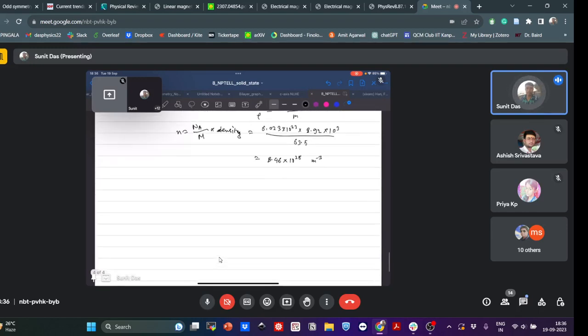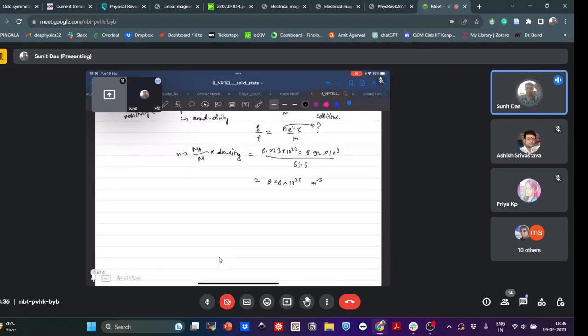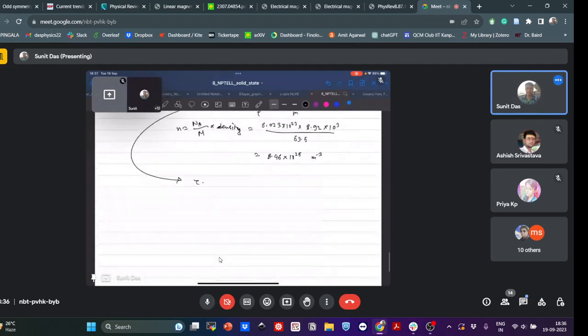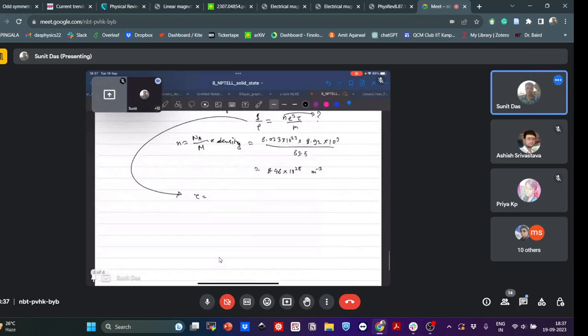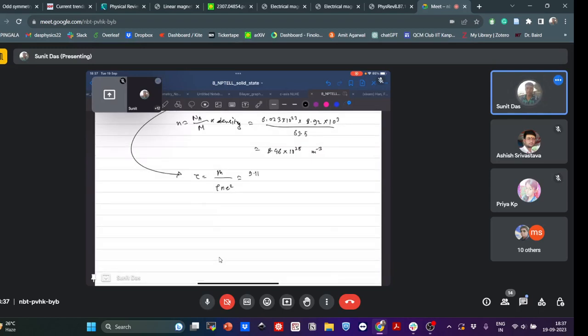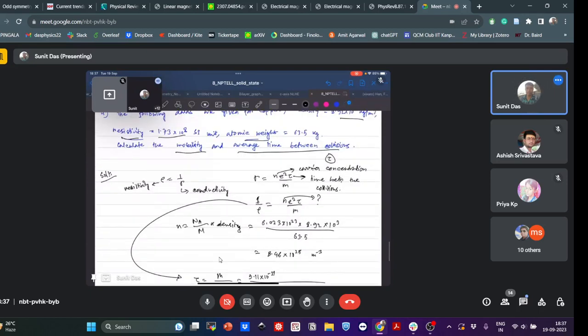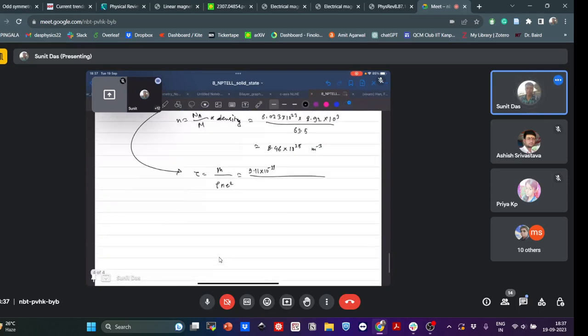So now we have everything to find tau, right? From this expression, tau will be m by rho n e square. So m is the electronic mass, 9.11 into 10 to the power minus 31 kg. Rho is the given resistivity, 1.73 into 10 to the power minus 8 in SI.